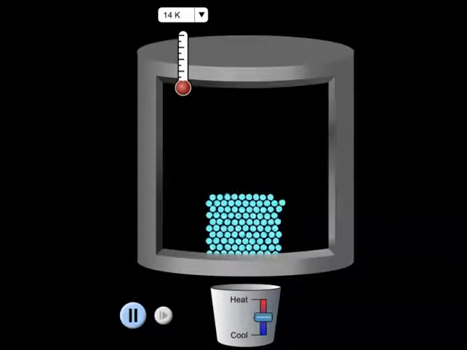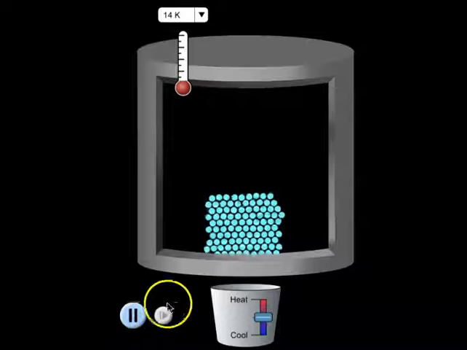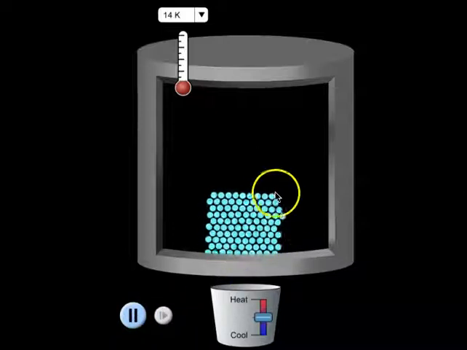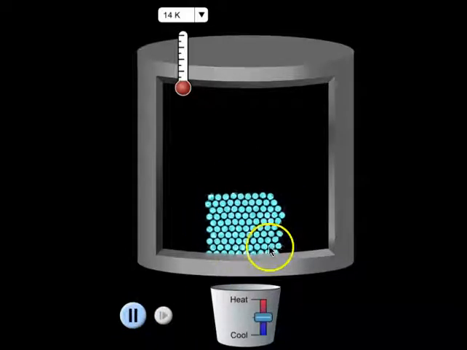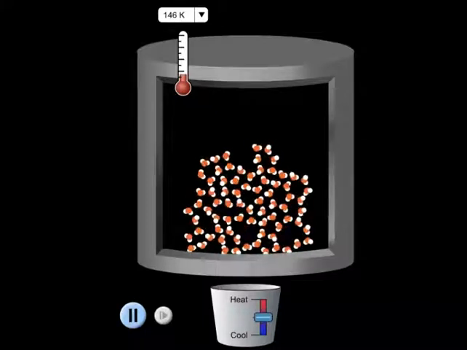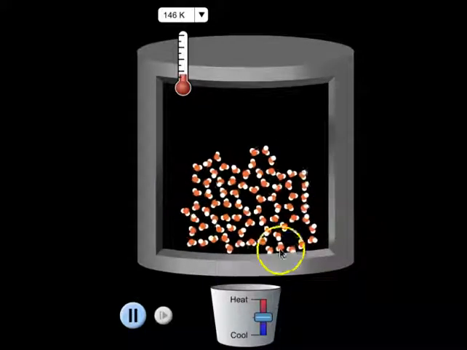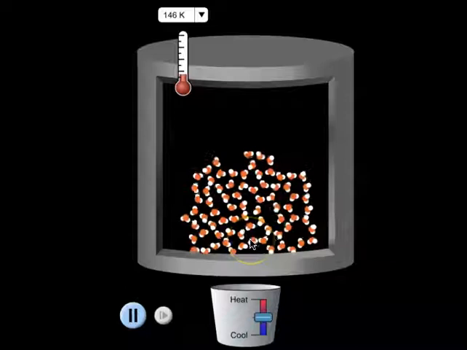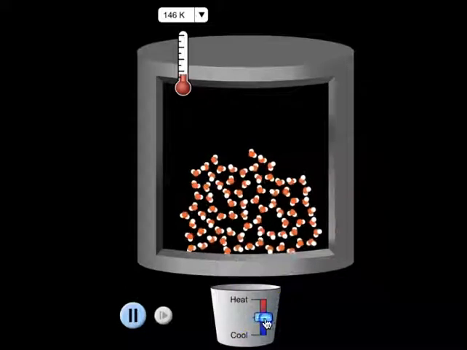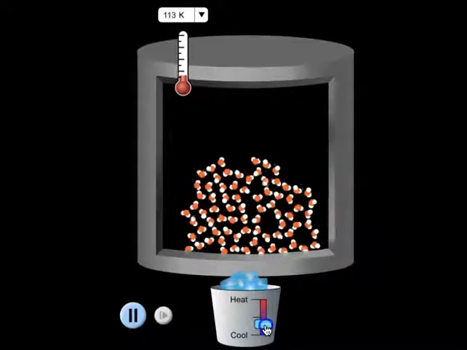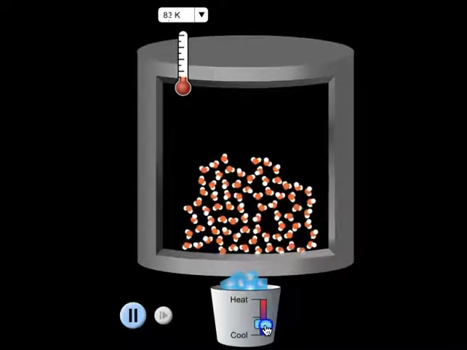One thing you'll notice about this sample, which is in the solid phase, is that even in the solid phase, all those little particles that make up a given sample, let's actually switch it to water, do have a certain amount of motion. As you might expect, if I were to cool this down, that motion gets less and less.